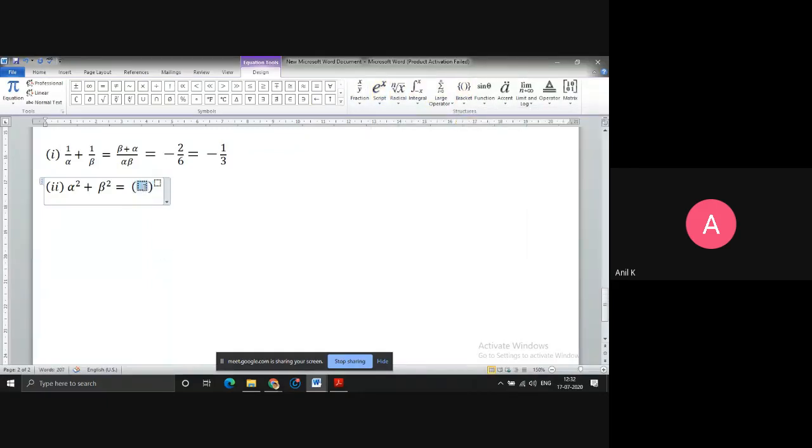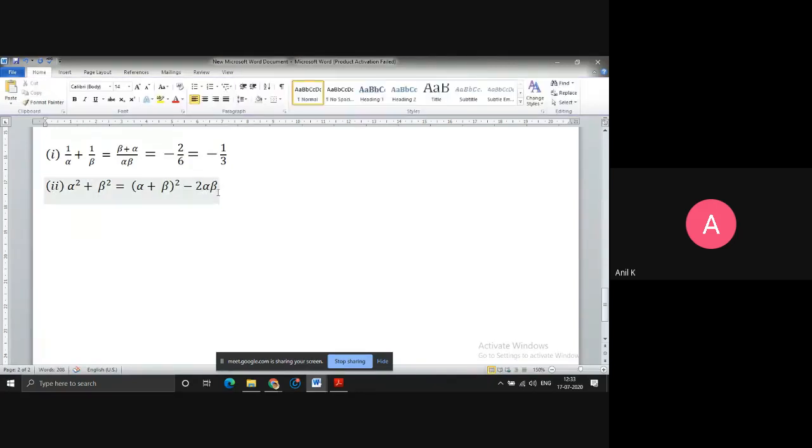Everybody knows the a plus b whole square formula: a plus b whole square equals a square plus b square plus 2ab. So from that formula, I'm going to derive this as alpha plus beta whole square minus 2 times alpha beta.